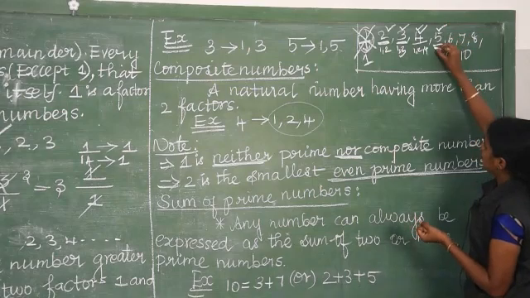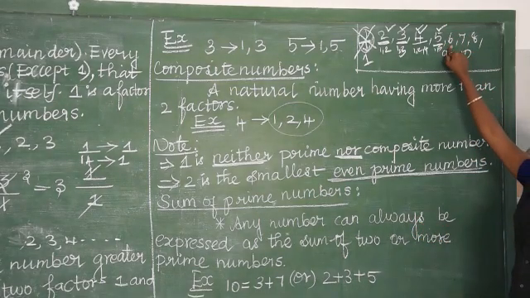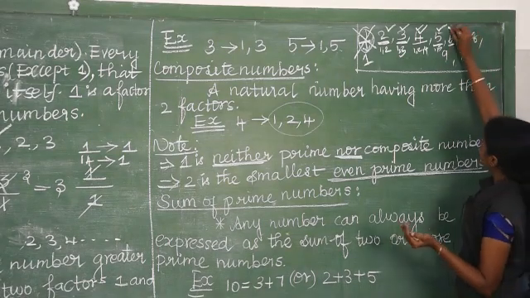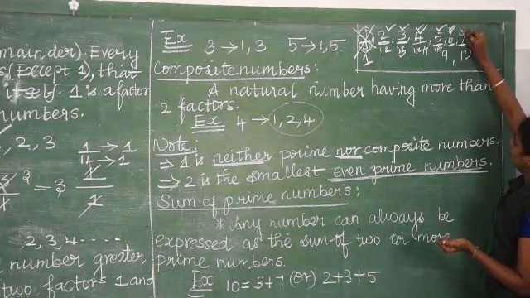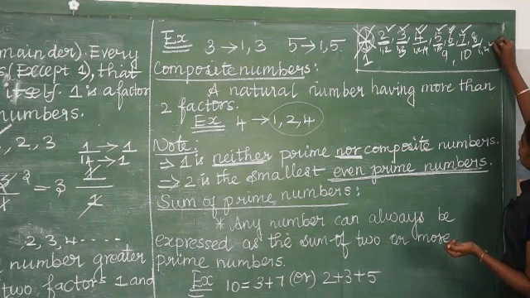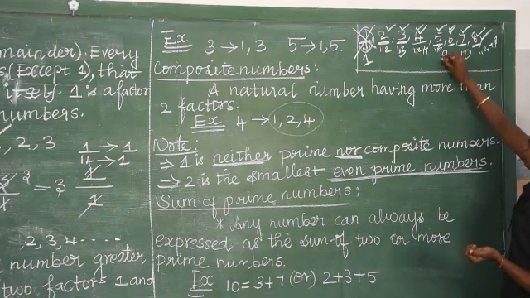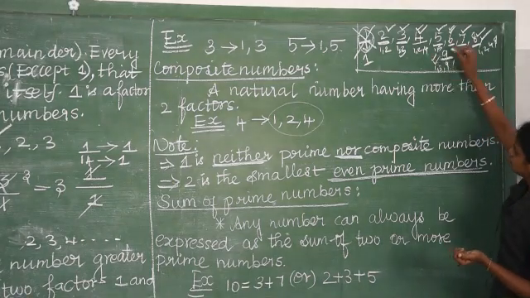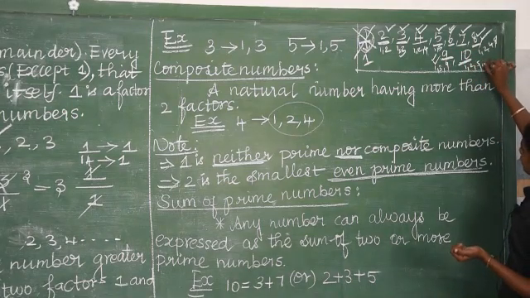It is a prime number. 6: 1 table, 2 table, 3 table, 6 table. 4 factors, composite number. 7: 1 table, 7 table. 8: 1 table, 2 table, 4 table, 8 table. Composite number. 9 also: 1, 3, 9. Composite number. 10 also: 1, 2, 5, 10.